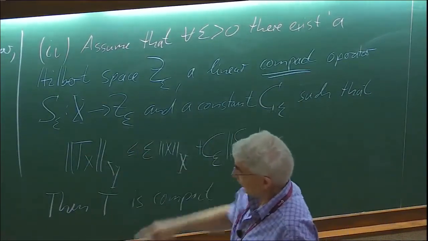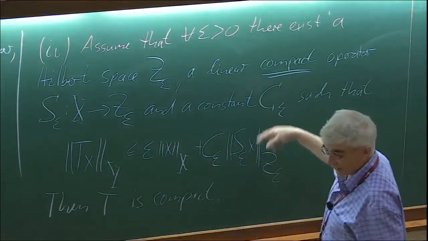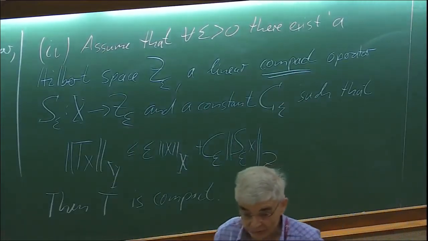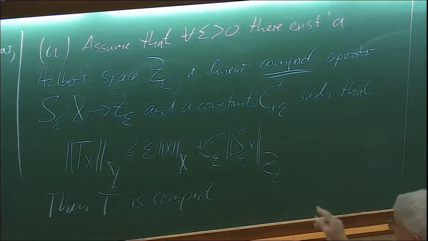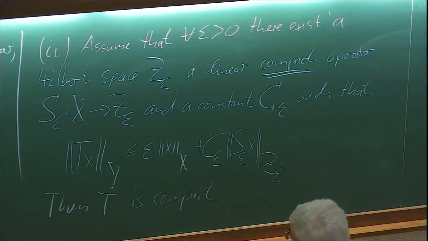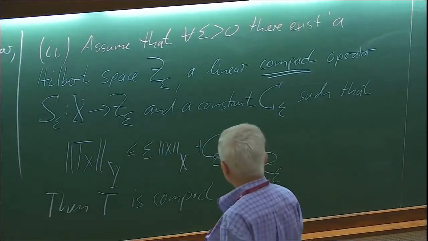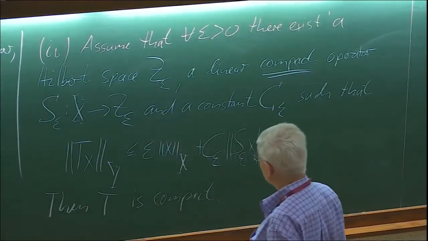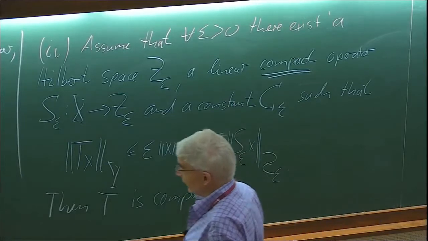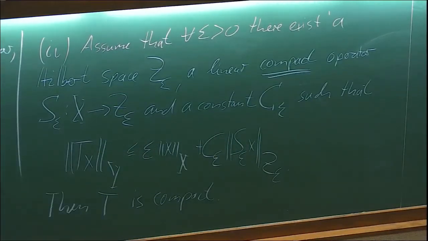Over there, we needed it to be injective. Over here, we need it to be compact, which of course it is. We'll see in a moment how to use this lemma. The proof is a little exercise. The first part is fairly straightforward. For the second part, the easiest way I found to prove it is to make an indirect argument: assume the conclusion doesn't hold, and it leads to a contradiction.